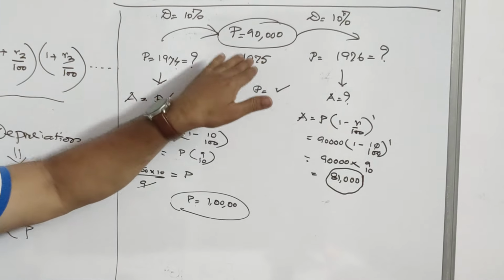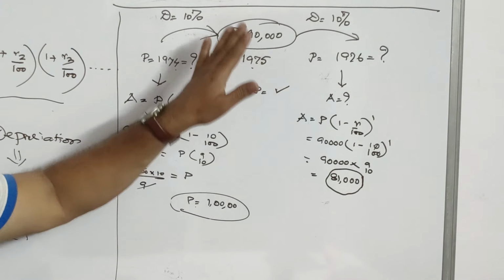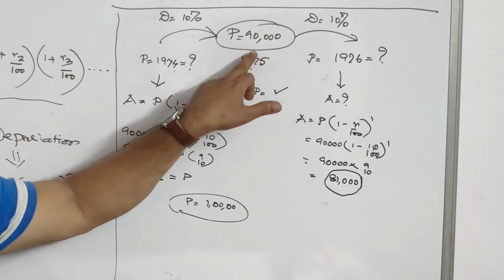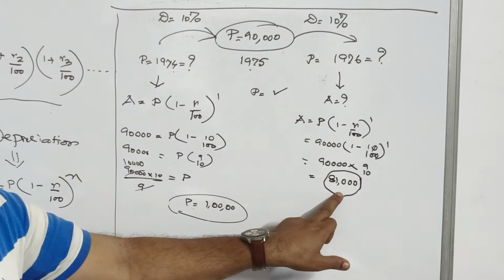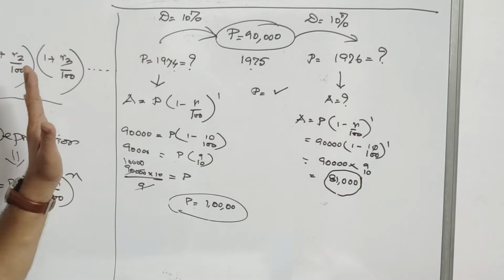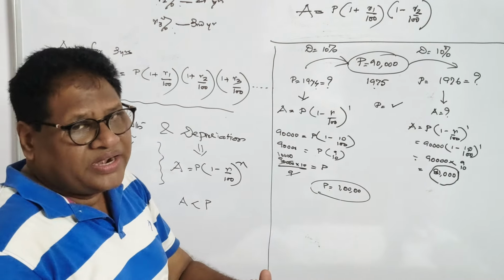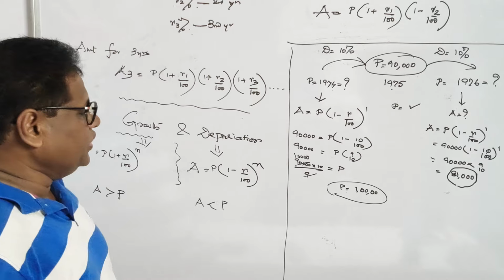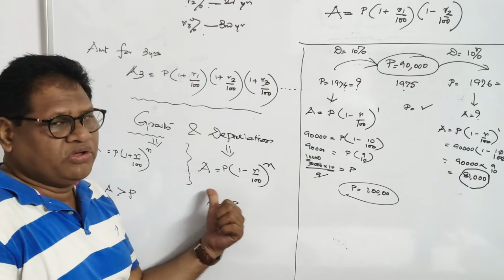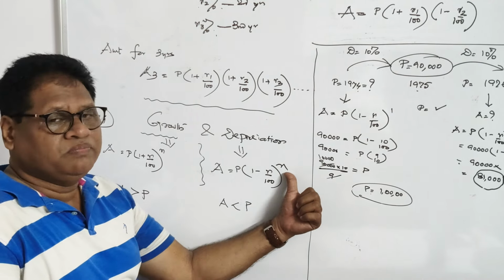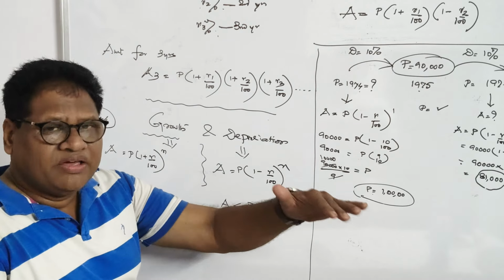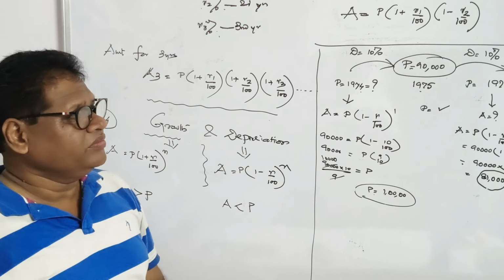Again, 10% of 90,000 is 9,000. You deduct that amount: 90,000 minus 9,000 comes to 81,000. So it's absolutely perfect that in case of depreciation, again and again I am telling you, you are going to use this formula: A equals P (1 - R/100)^n. Amount keeps depreciating every year.